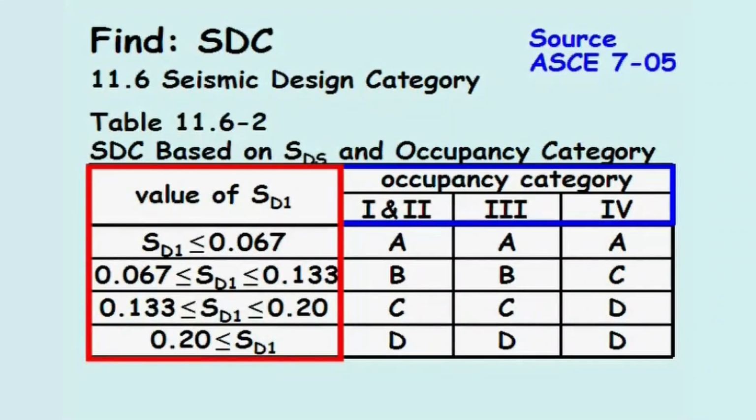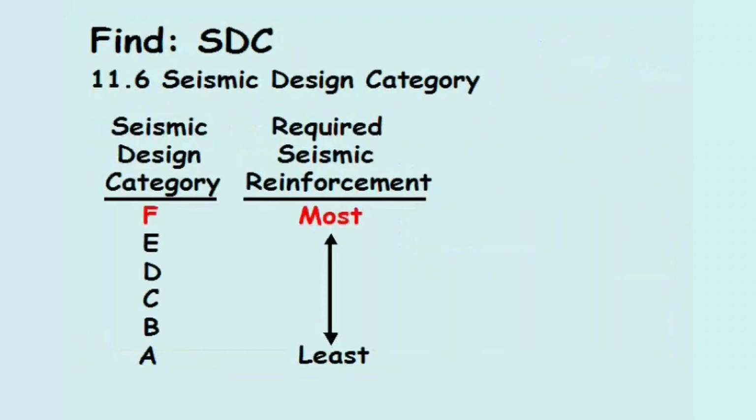Since seismic design category F requires the most seismic reinforcement and seismic design category A requires the least, the table which prescribes the more conservative seismic design category governs the analysis.